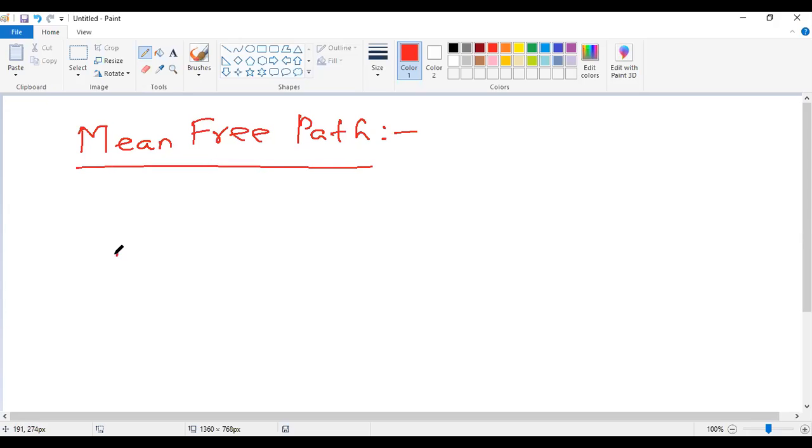For example, this is one small particle. It is moving to one particular end. After the collision, it is turned back in this direction. Again, it is going to the... I will mention the point A. This is the origin, the starting point. A, B, C. Again, in this end, D, and this one E.